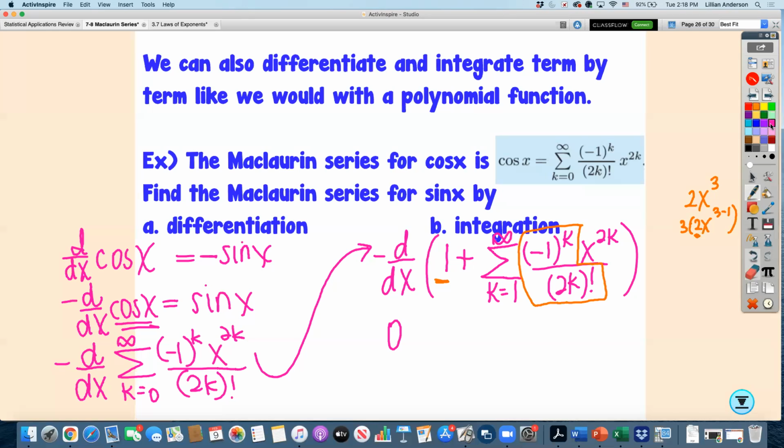So that summation and that coefficient are not affected. What is affected is the variable and its respective exponent. So how do I take the derivative of x to the 2k? What would I do?